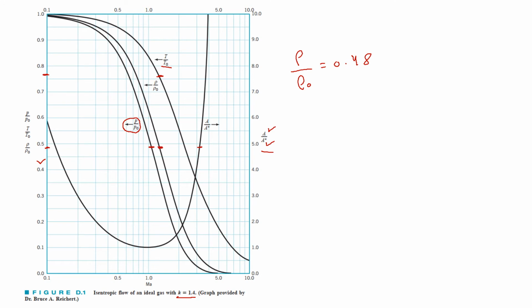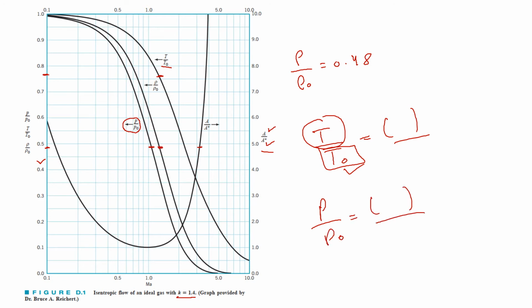By getting the value of T over T naught and knowing the stagnation temperature, that is our atmospheric temperature, we can find the temperature inside the nozzle. Similarly for P over P naught, if we read a value from the graph, we can put in the stagnation pressure and find the pressure inside our throat.